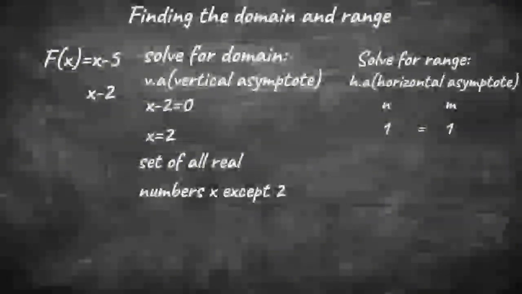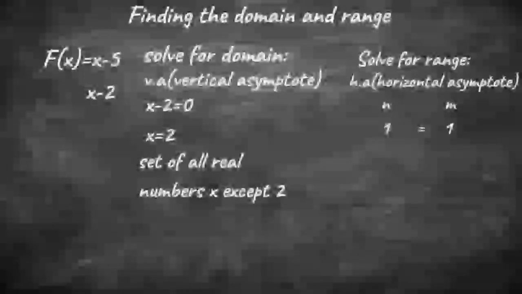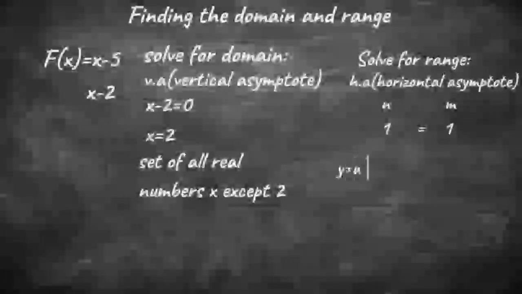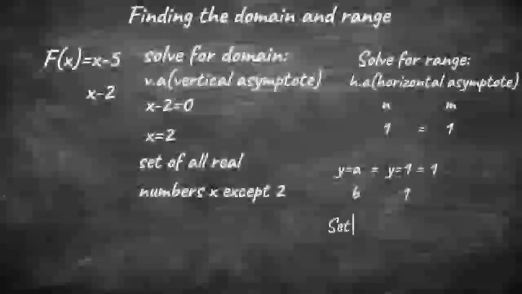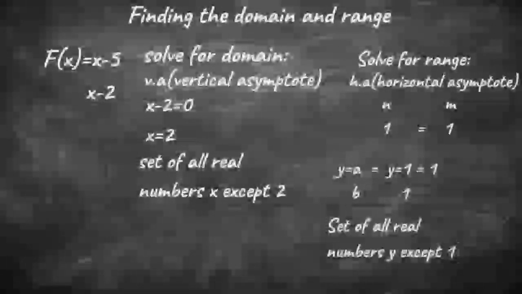So for this problem, it is equal. So the horizontal asymptote is y equals a over b, that is y equals 1 over 1, which becomes 1. So the range is the set of all real numbers y except 1. That is how to solve for the domain and range.